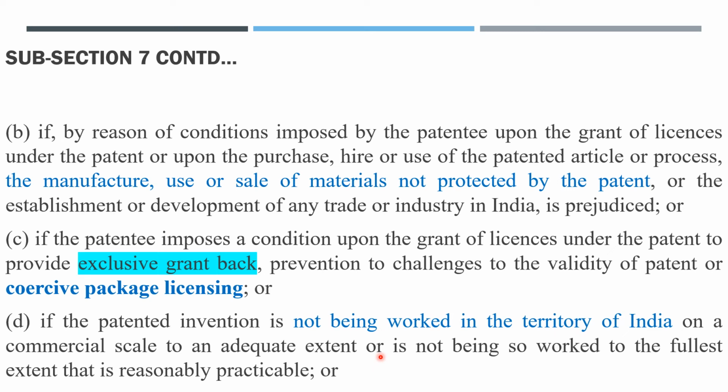So this is just an example. You can search for it. Just a second, friends. I hope this clause is also clear now. So I will proceed to the next one.